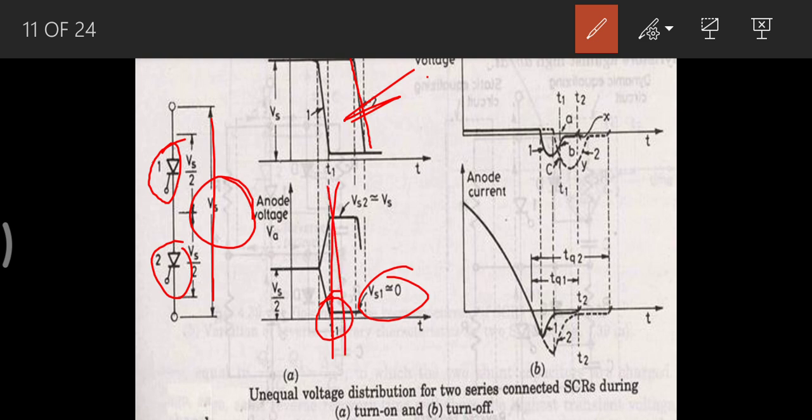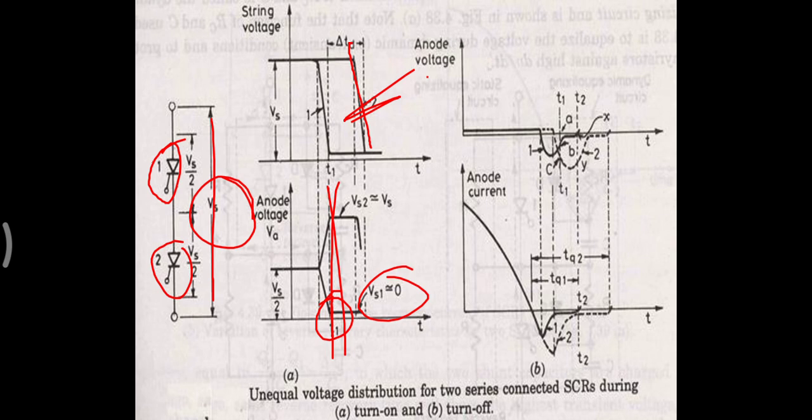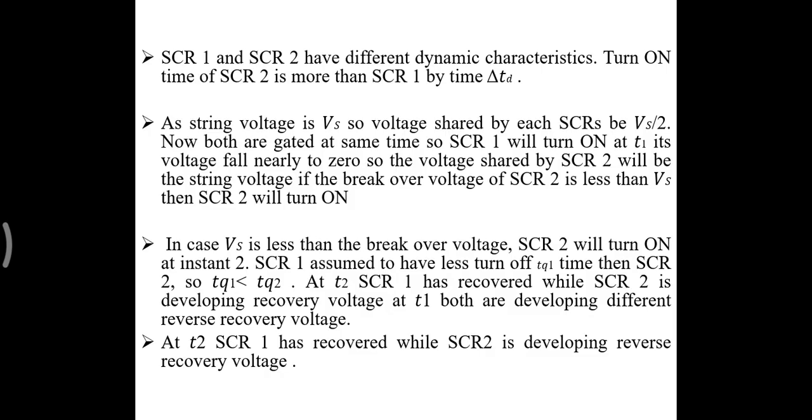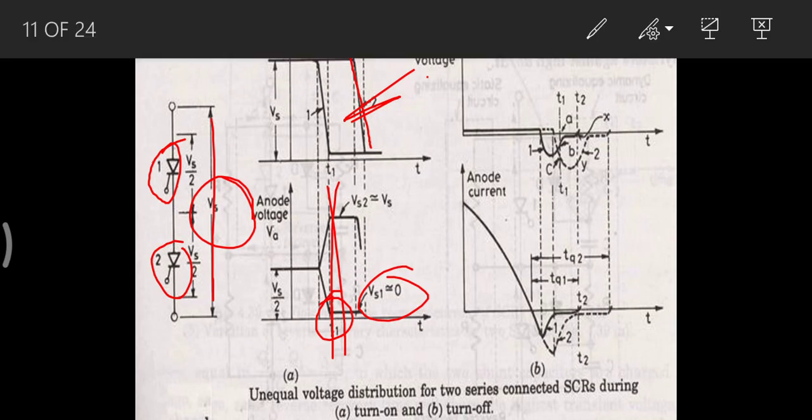But if this breakdown voltage is less than the string voltage, at that situation Vs2 is also turned on at T1. But if the string voltage is less than the breakdown voltage of the SCR, at that situation it is not turned on at T1. So there is a difference between these turn on timings.